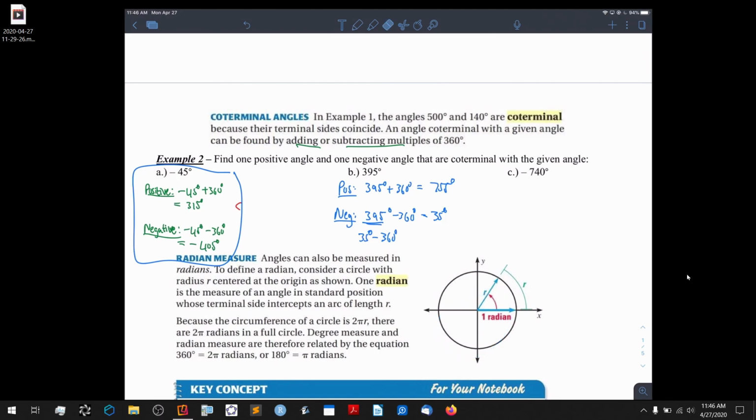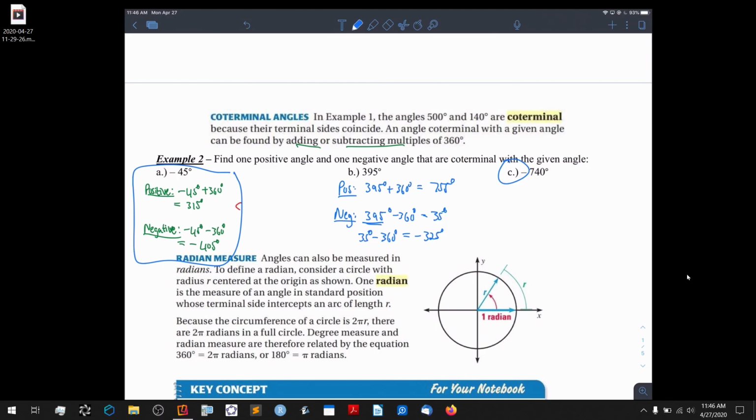And then what you get here would be negative 325 degrees if you do that on your calculator. All right. And I'll let you mess with this example C. Same thing, add or subtract, continue adding and subtracting until you get a positive or a negative coterminal angle.